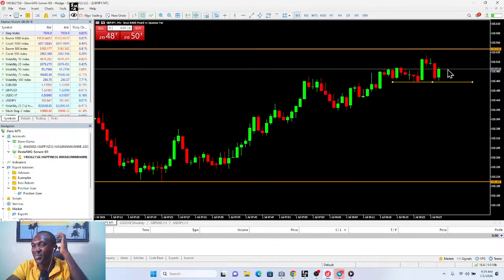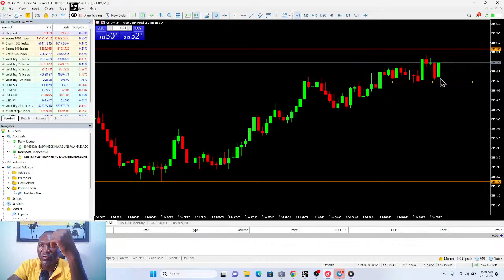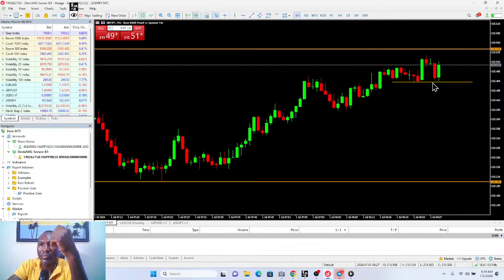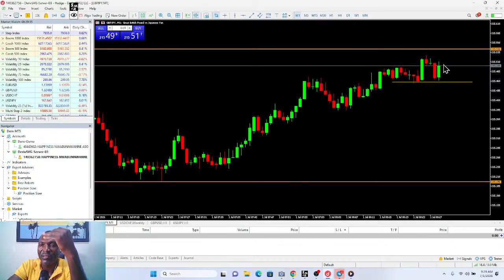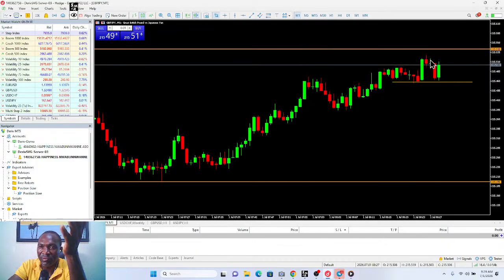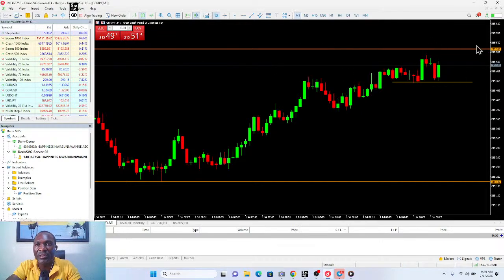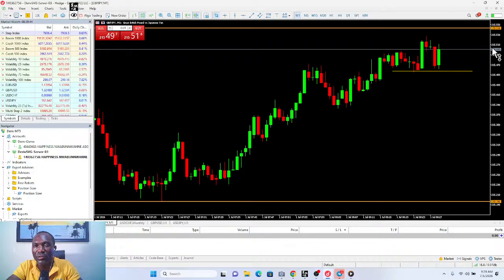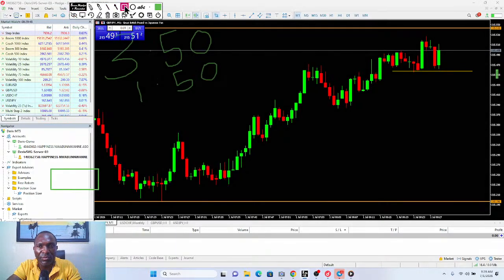Next trade I'll be putting in a rule because we did not include that. One of our rules is to lock the trade. The market has not been able to break it. But the aggressive trader enters immediately when it's red. For the conservative trader, you wait for the market to break that area.